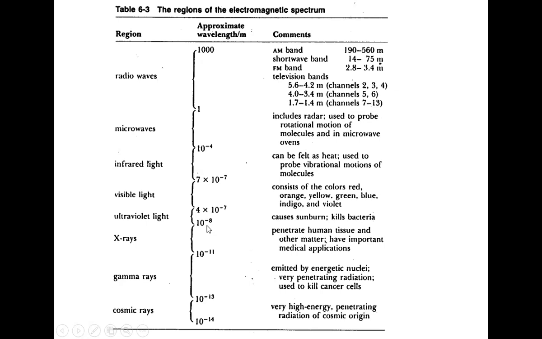And normally when you analyze these elements, sulfur, for example, the nonmetals, you have to do the analysis in a vacuum, which means normally it's below 190 nanometers. So that's what we are saying here. The ultraviolet light causes sunburn, it kills bacteria and so forth. X-rays, you can see that, and cosmic rays.